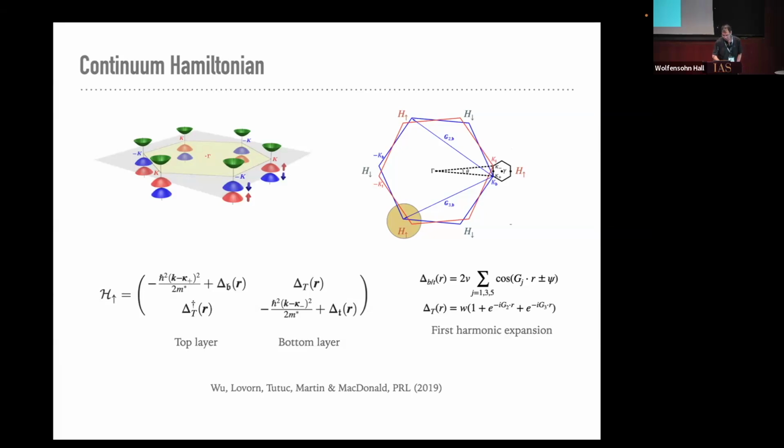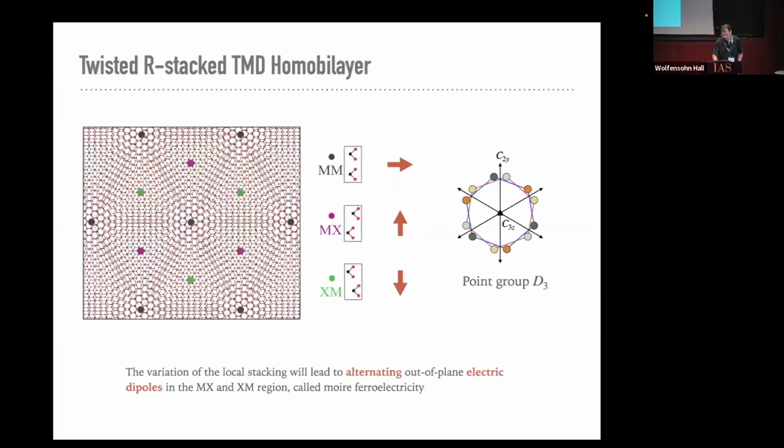Okay, so with that being said, we need to determine this V, W, and psi. Those are the parameters used to characterize the system. In Allan's paper, what they did is actually very simple. You can go back to this picture, right?